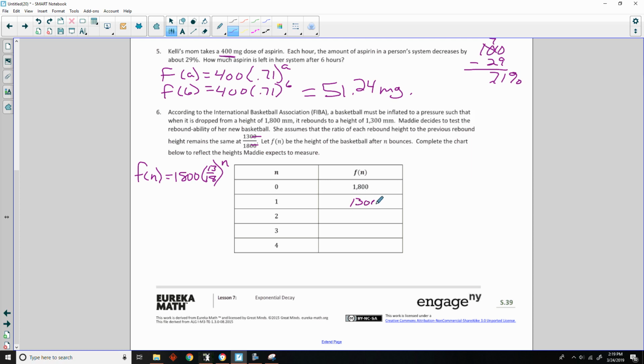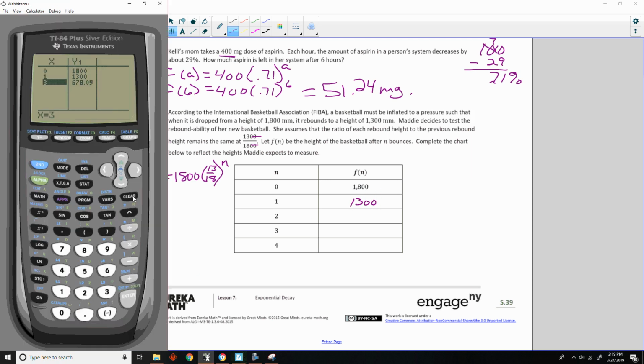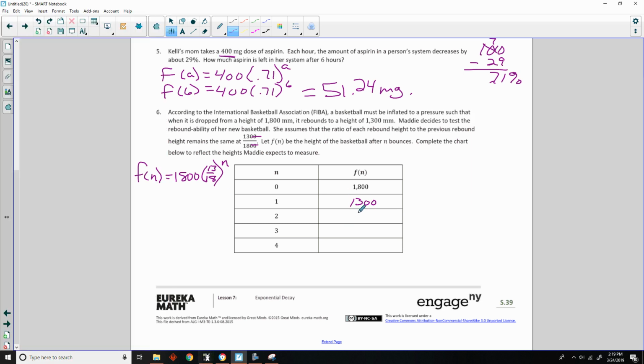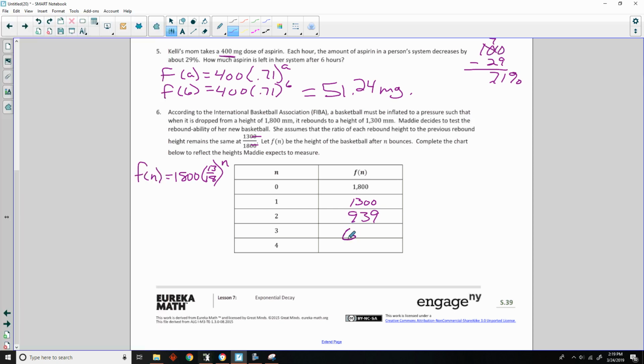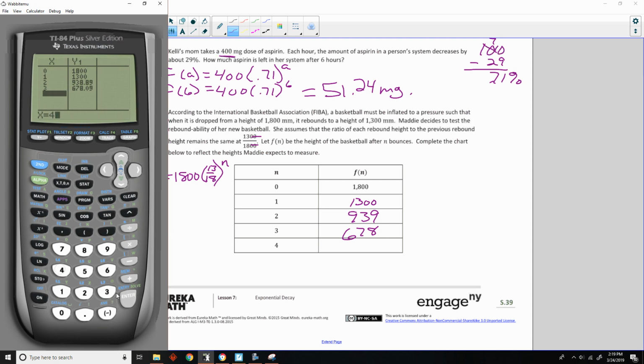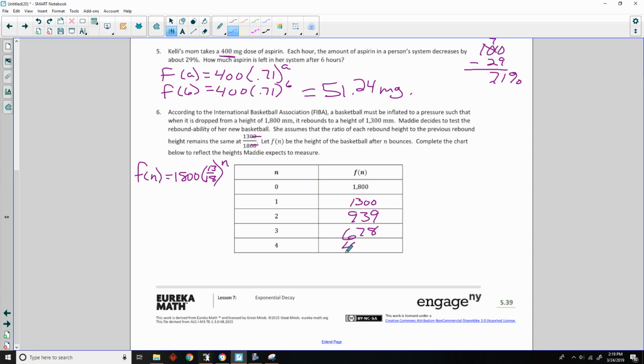Then I enter 2, and that is 938.89, or about 939. Then 3 is 678.09, we'll round to 678. Then I enter 4, and our table's done. It's 489.7, which rounds up to 490.